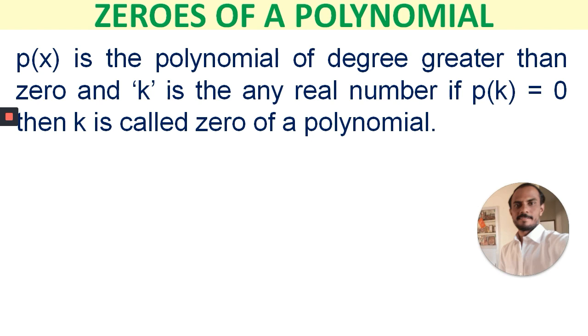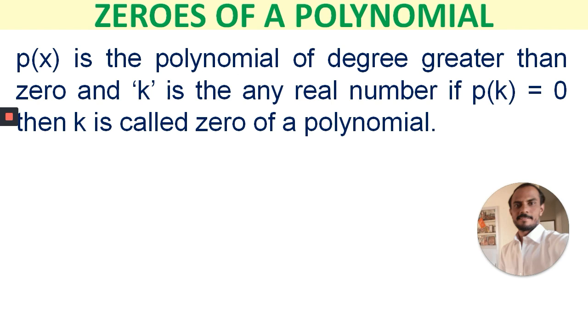The zeros of a constant polynomial are not possible to find; the variable should be present. P of x is any polynomial whose degree is greater than 0, and k is any real number. One real constant number I have considered as k.